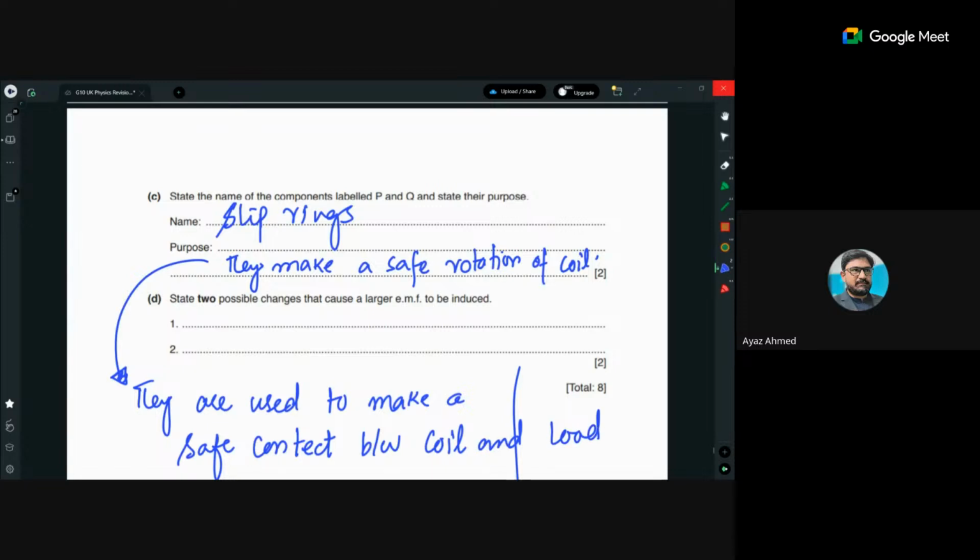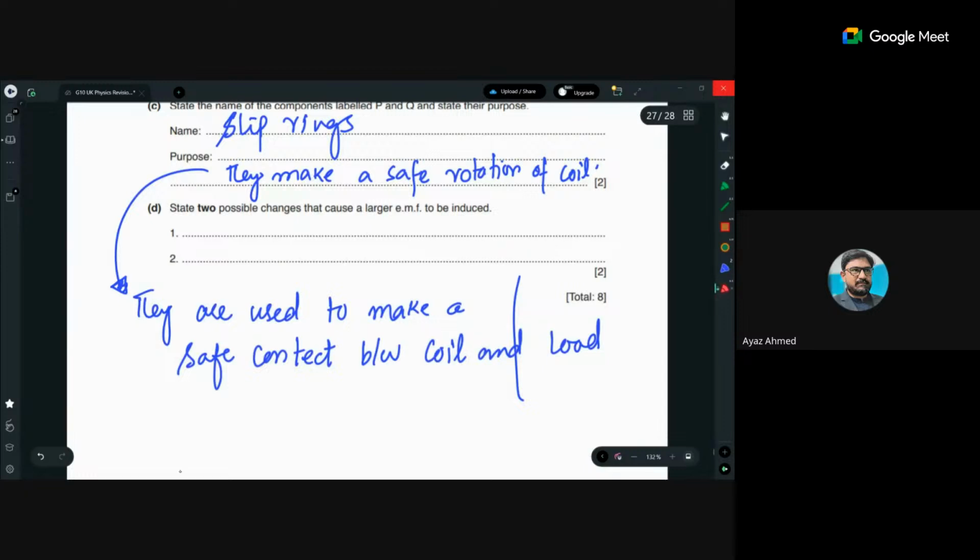Actually, the load is what you have used outside. Okay, load without damaging the wires. Without damaging the wires.